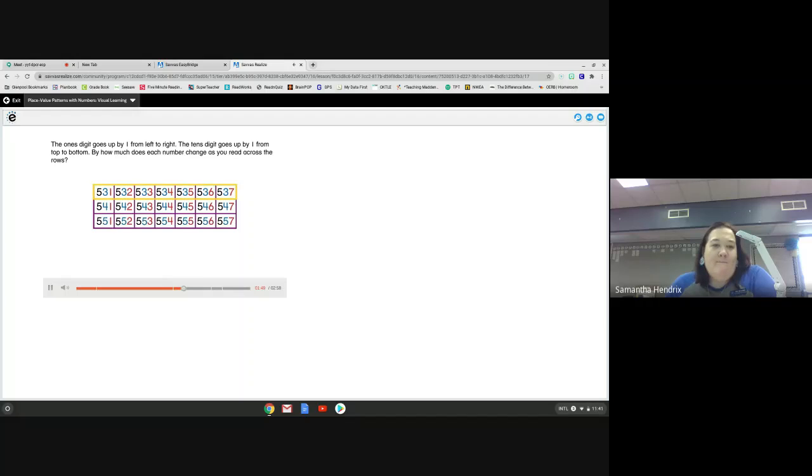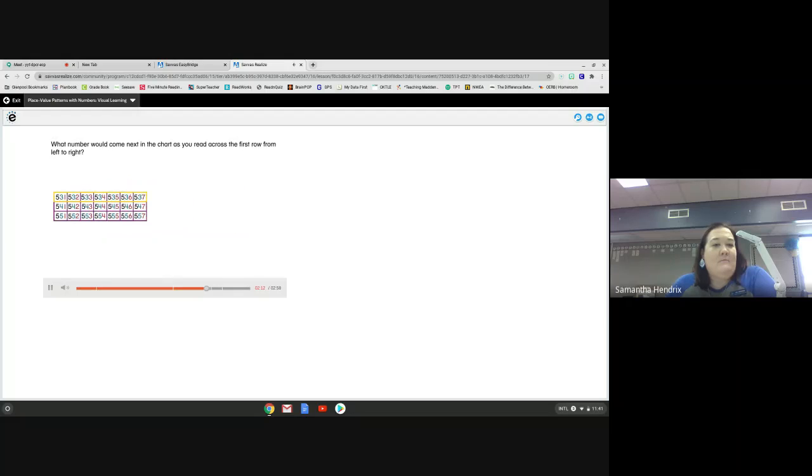By how much does each number change as you read across the rows? Each number changes by 1 when you read across the rows. By how much does each number change as you read down the columns? Each number changes by 10 when you read down the columns.